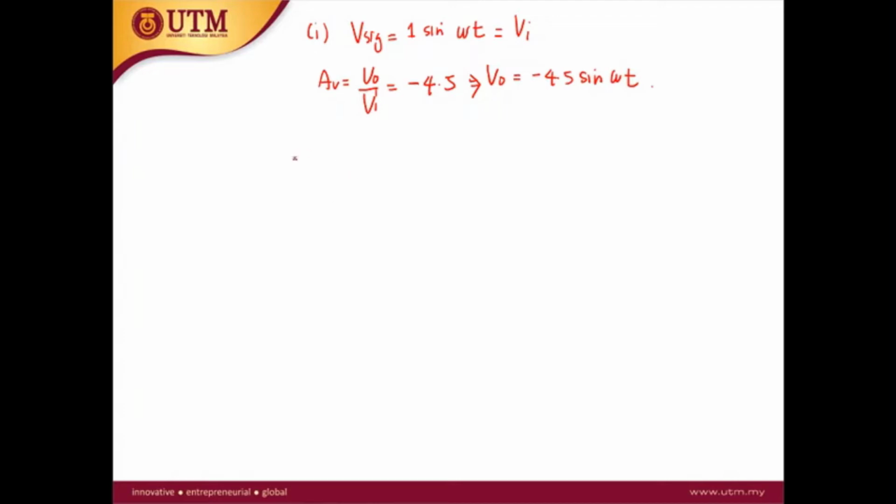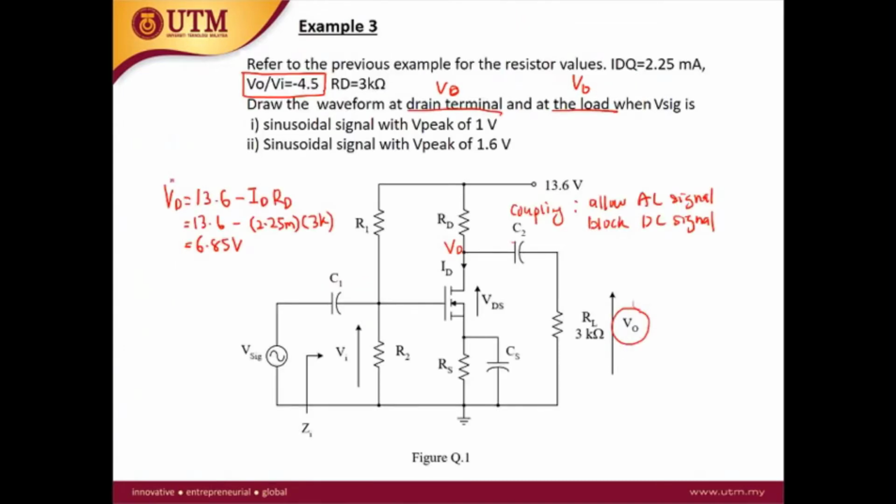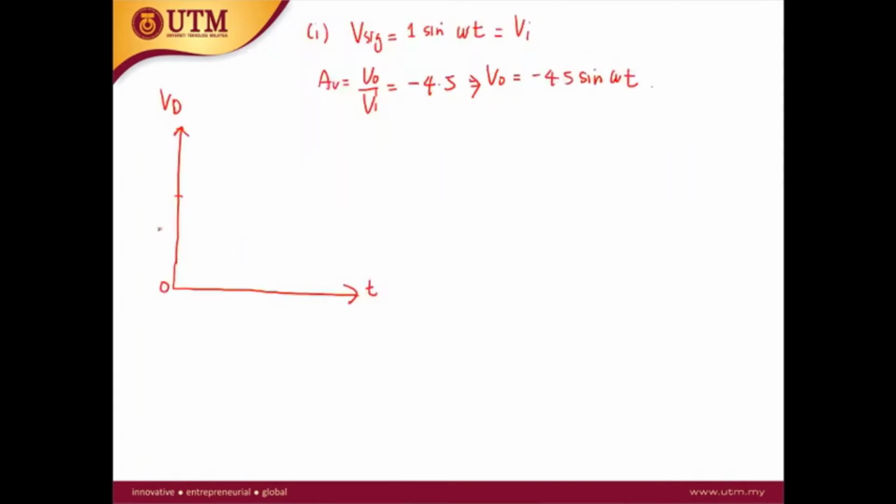But when we want to draw the waveform at the drain, this is the Vd, and this is the time, this is the 0. We know that the initial point for the Vd is the Q point, which we have calculated as 6.85. So this is the initial point.